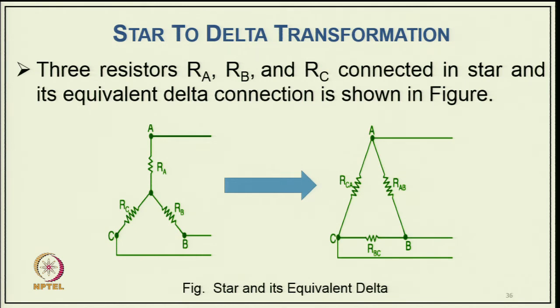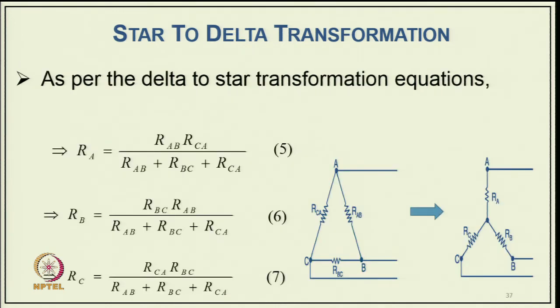So, the left side is the star connection from which we want to find the equivalent delta connection network. From these two connections, shown again in the figure, we can find the relation for RA. Earlier we already wrote the relations for delta to star connection, so these three equations are already with us.